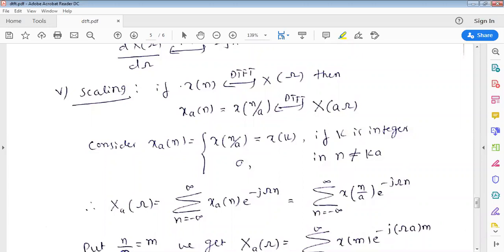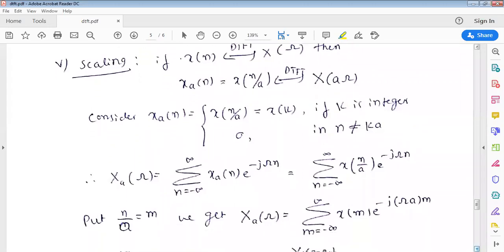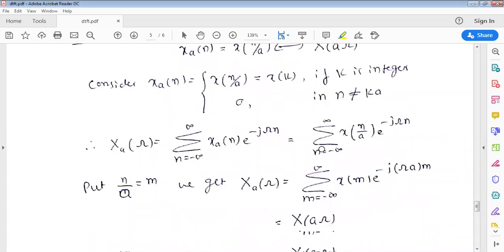Therefore, I'll rewrite this: X_a of omega is nothing but x_a of n e power minus j omega n, with n varying from minus infinity to plus infinity. x_a of n gets replaced by x of n by a into e power minus j omega n. So put n by a equal to m. m is strictly an integer. This is followed only when n is a multiple of a, otherwise it will not be followed.